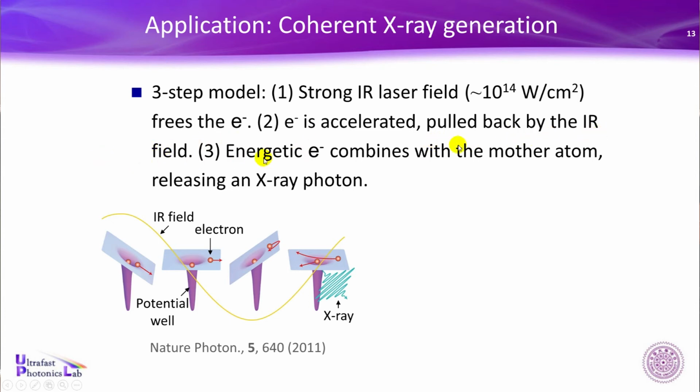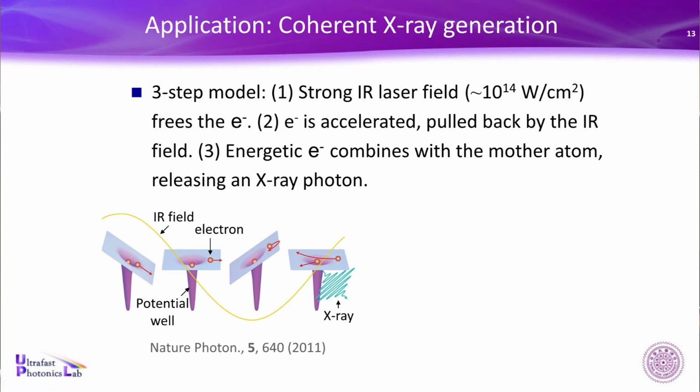The corresponding wavelength is less than 1 nanometer. The input light source has a wavelength of 3.9 micron, which is a mid-infrared laser. Comparing these two numbers, you can see it's about the 5,000th harmonic. That means you have to combine 5,000 input photons to release a single output photon.